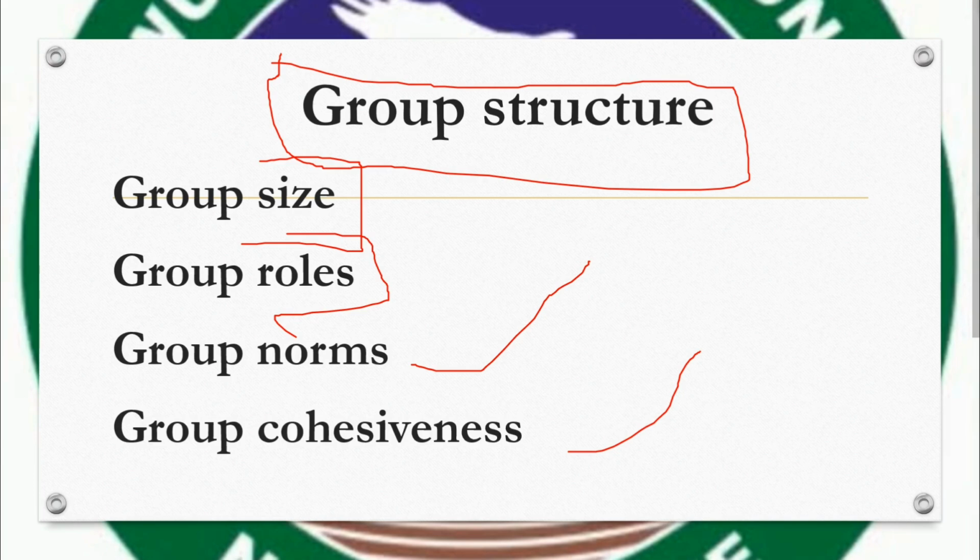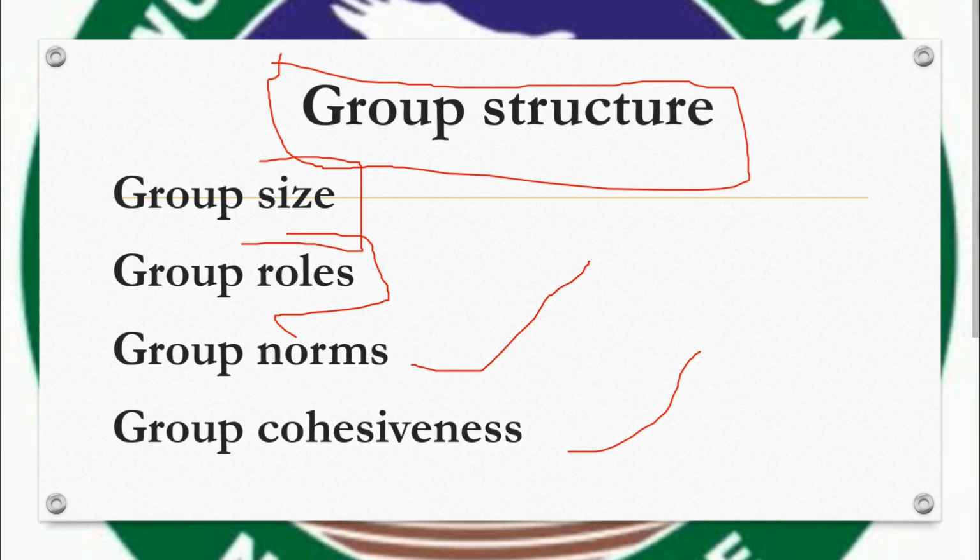Smaller groups and those that spend time together also tend to be more cohesive. The advantages of cohesiveness for a group include worker satisfaction, low turnover and absenteeism, and higher productivity.